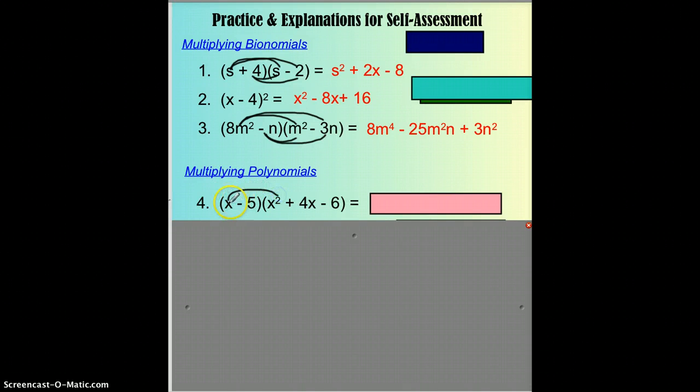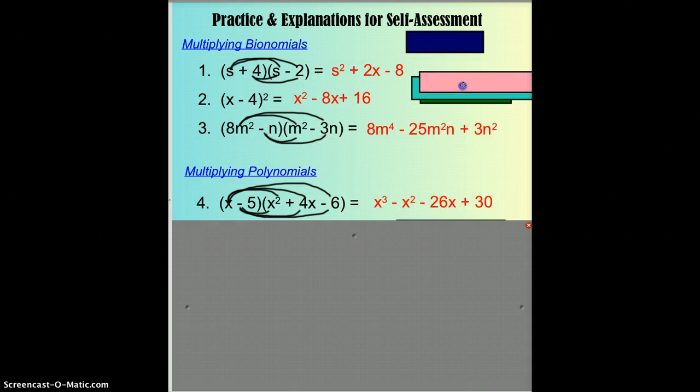X times x squared, x times 4x, x times negative 6, and then moving on to negative 5 times x squared, negative 5 times 4x, and negative 5 times negative 6. Combining like terms, you can pause the video here before you reveal the answer. You should get x cubed minus x squared minus 26x plus 30.